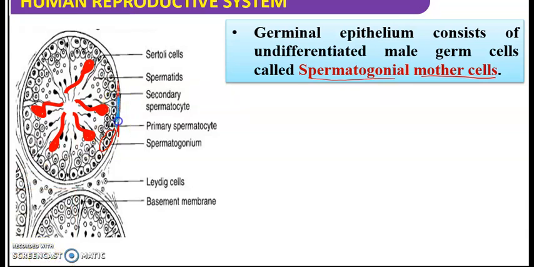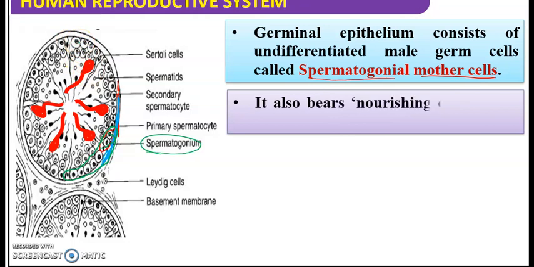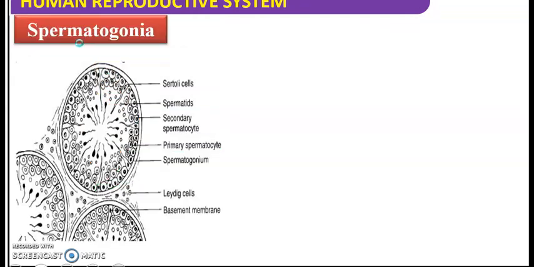This is my germinal epithelium, the blue one that I am drawing, and the green highlighted areas are my spermatogonial mother cells, also called spermatogonium, and these structures are actually our sperms.